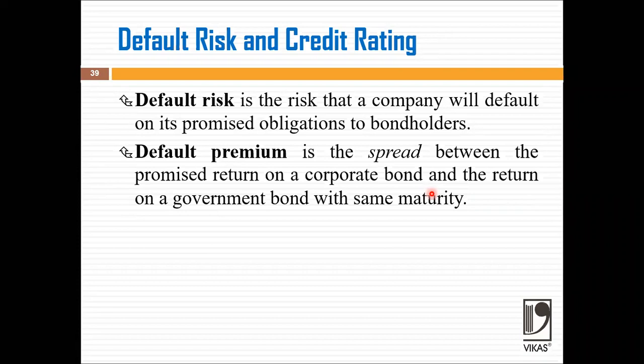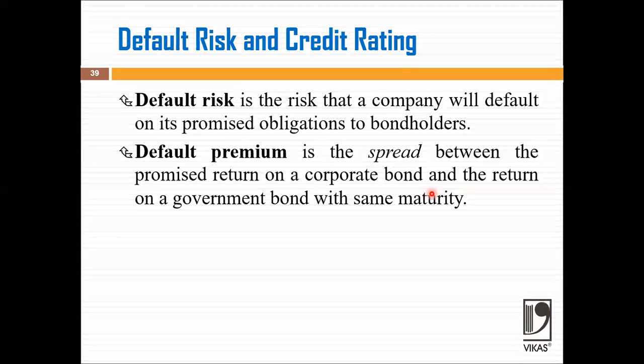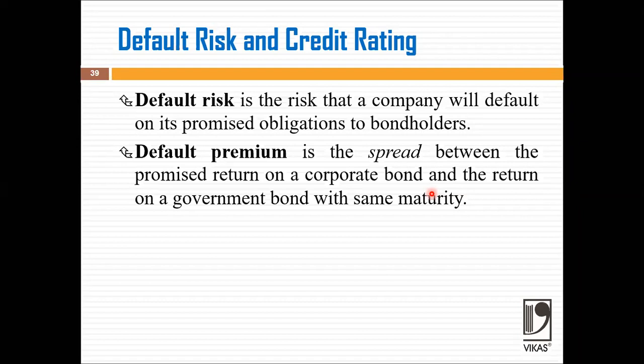Default risk is a risk that a company will default on its promised obligation to bondholders. So the bond is an agreement between the bondholder, that is the investors, and the issuing company. If the issuing company fails to satisfy the promised obligations to the bondholders, that is called default risk.